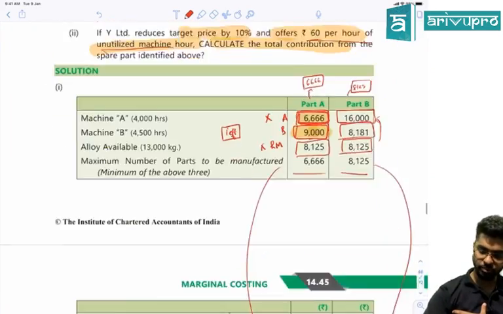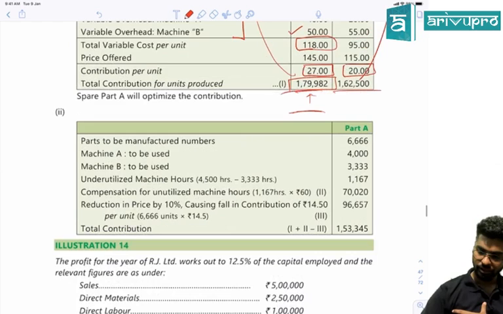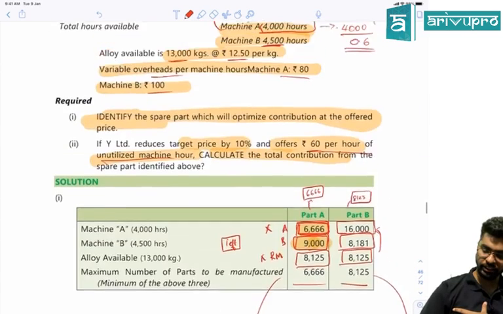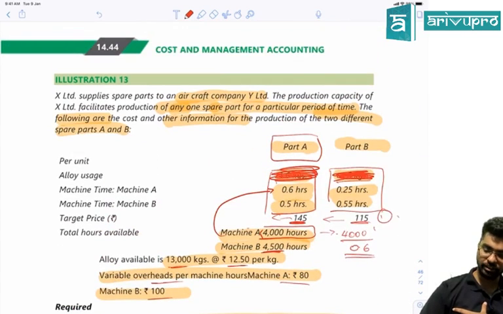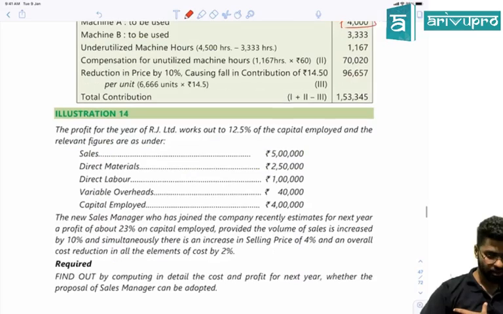The number of units manufactured are 6666. I'll be using the complete 4000. Now, if each unit requires 0.5 hours to produce 6666 units, how many machine hours do you require?